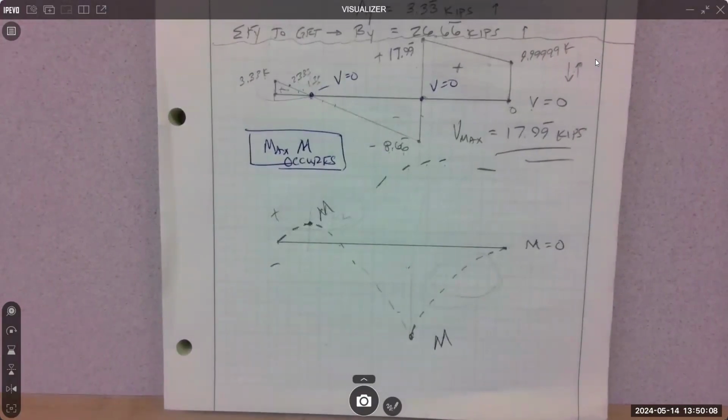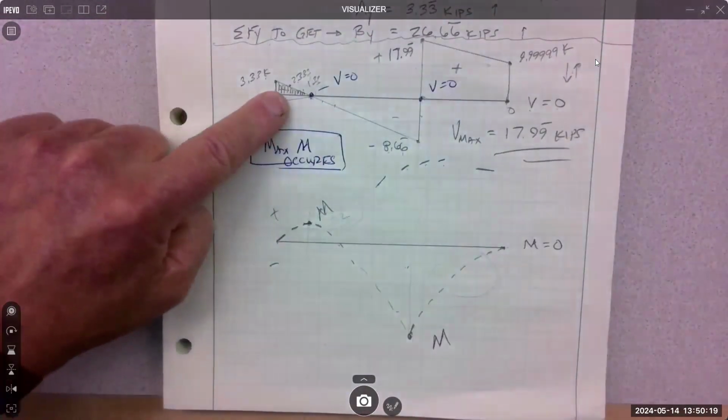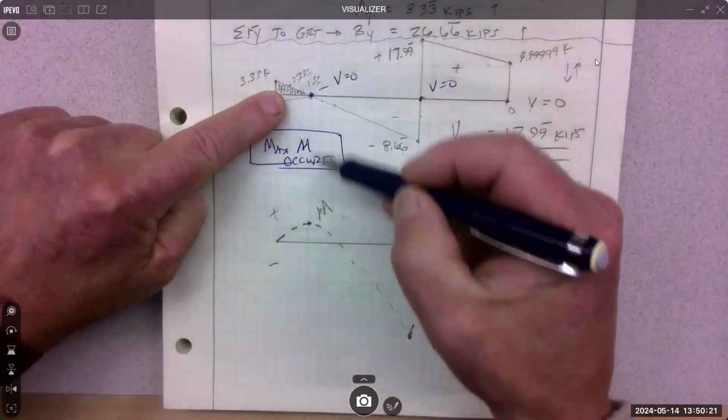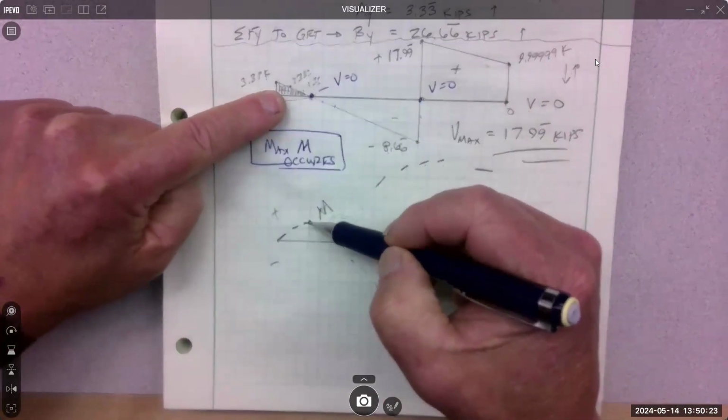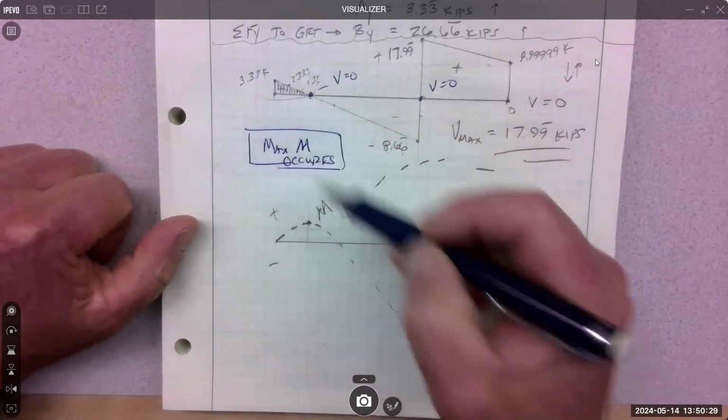How do we calculate that? From the shear diagram. The area to the left of the point you're interested in will give you the moment. So the area of that triangle is that moment.